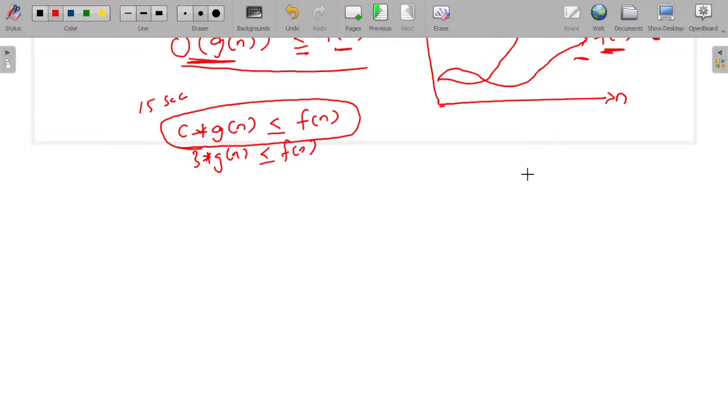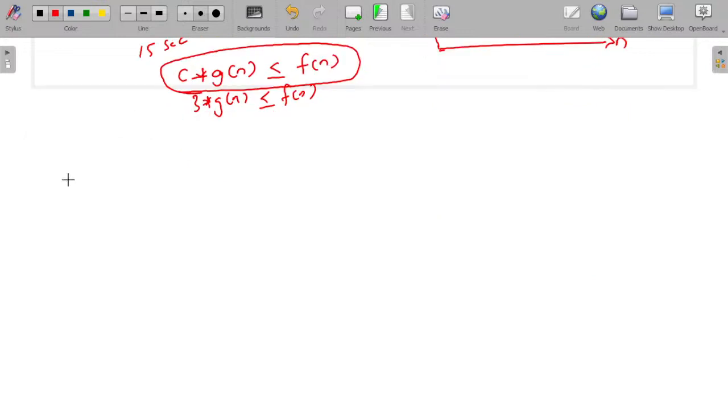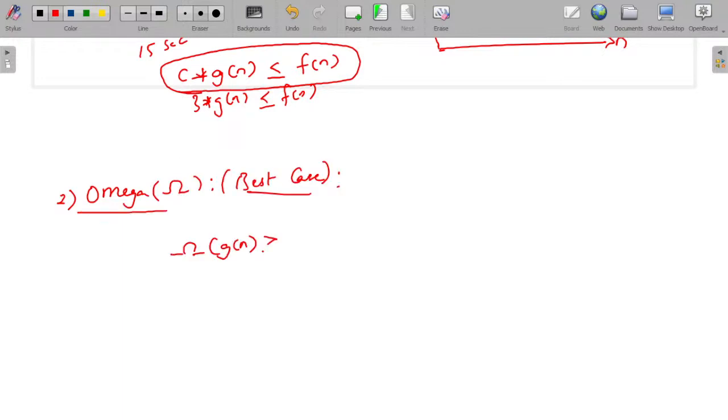Okay. Now we will see what omega notation is, and omega notation is the opposite of big O notation. So it is greater than or equal to f of n. I'm sorry, I have written the same thing here.